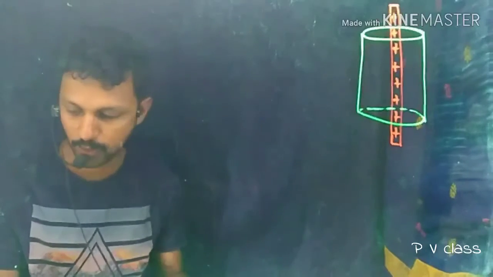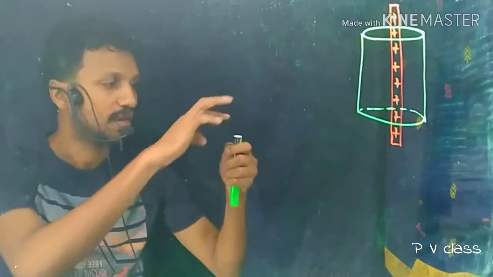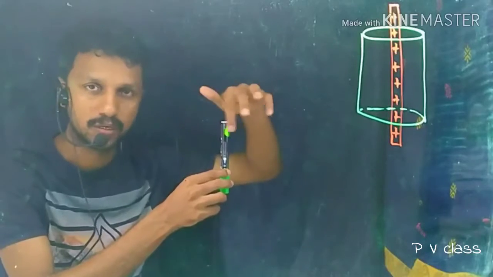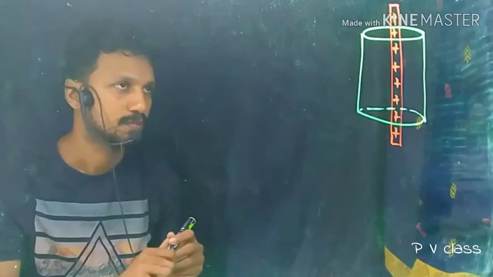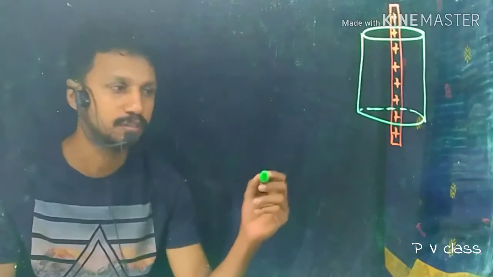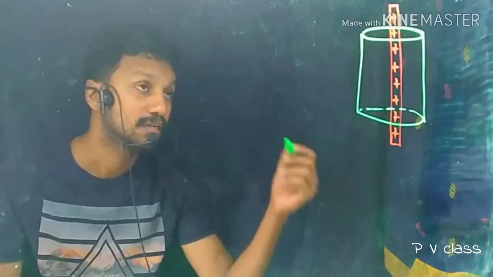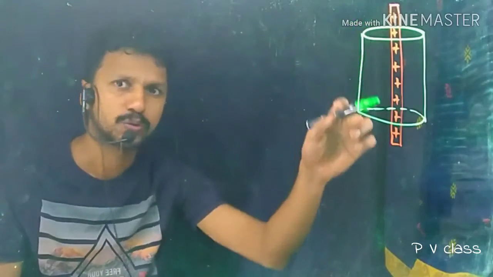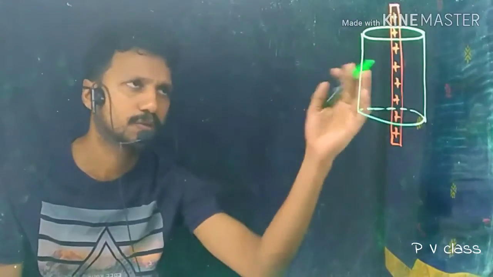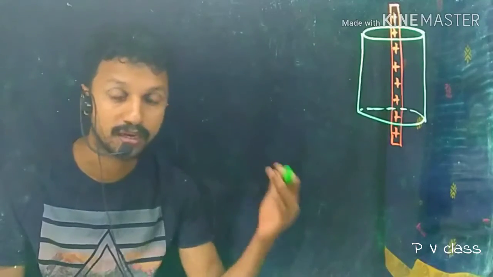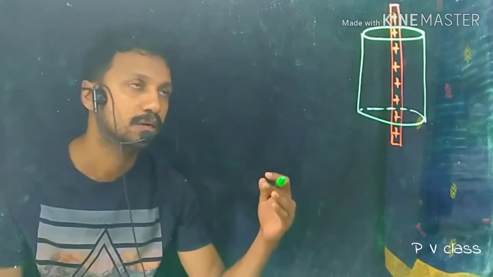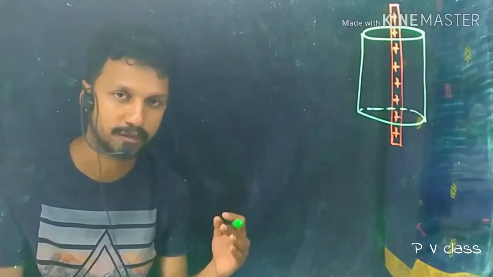And as we all know, a cylinder will have two flat surfaces and one curved surface. After this, I am marking the direction of the area vector on the two flat surfaces and the curved surface. Area vector is a vector which is directed perpendicular to the area.